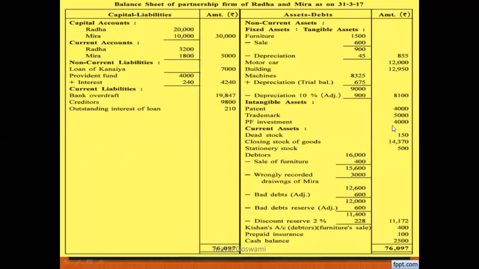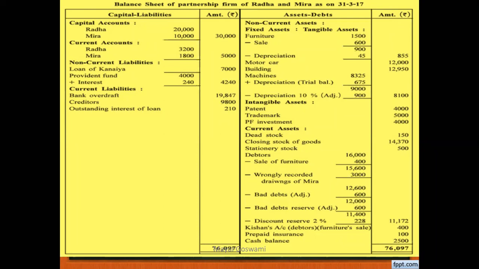Then after interest on Provident Fund investment. So of this investment, interest we are receiving. But this PF is for employees. So the interest on investment of this PF also goes in the hands of employees. So this is not our interest, this is not our income, this is employees' income which is in the hands of us, right?